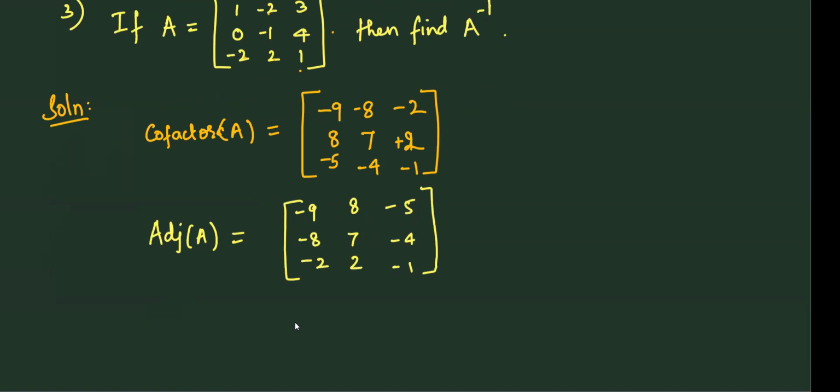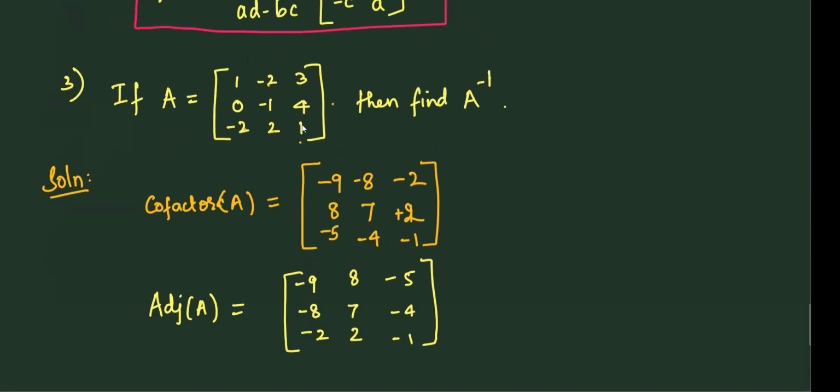Sir, it is supposed to be 4, right, for the cofactor instead of minus 4? No, again it's the third row and second element. Third row, second element, it is 4 minus 0, which is 4, associated with a minus sign. So it is minus 4.